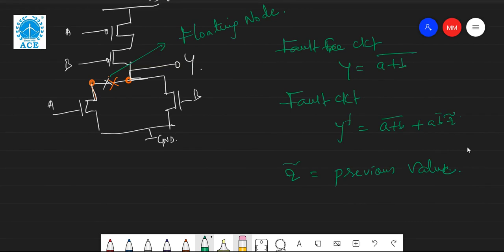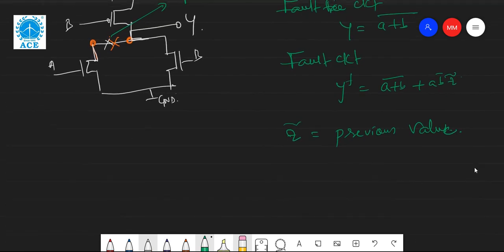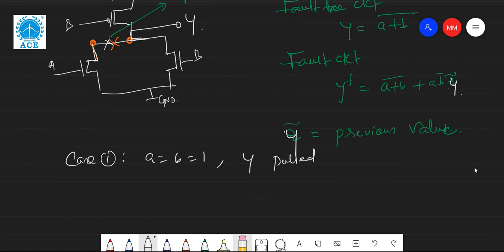Okay, so in this case we have test patterns and cases. If I consider case 1, then both A B is equal to 1, then Y will be pulled down to 0.